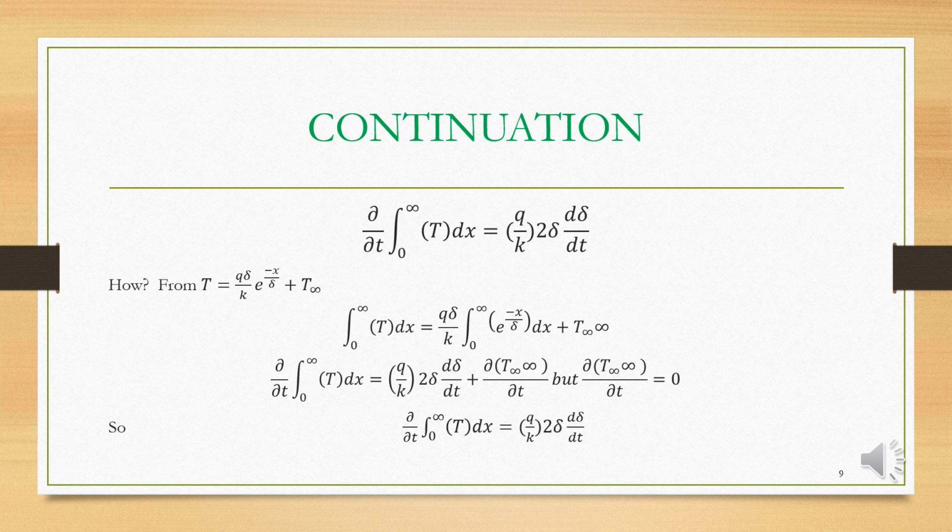Now we shall end up with an expression which has T infinity times infinity, but when we differentiate that expression, we end up with 0. So we carry out the time derivative of the integral of T dx, and we find that the solution is Q over K times 2 lambda times d lambda dt.